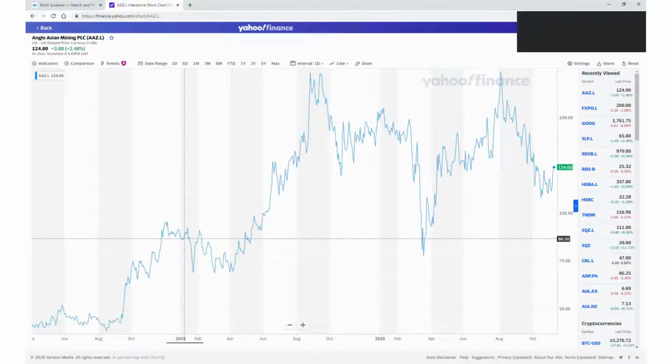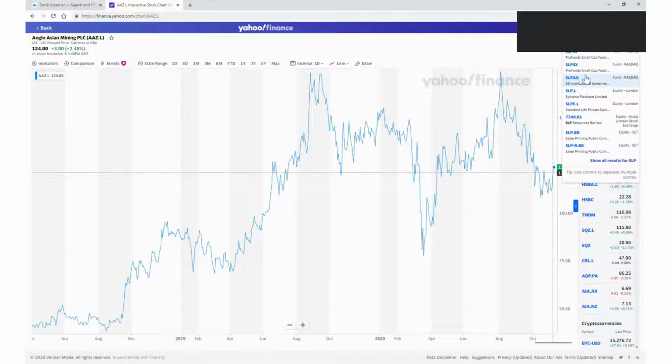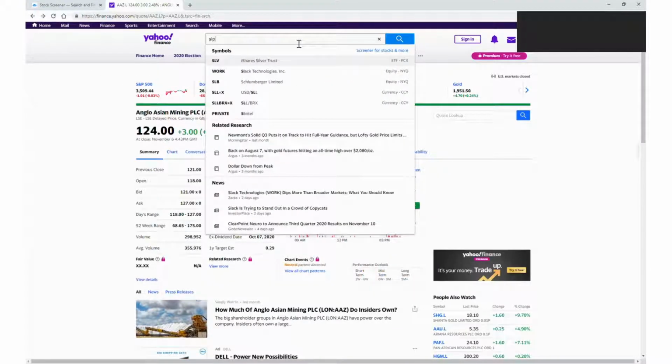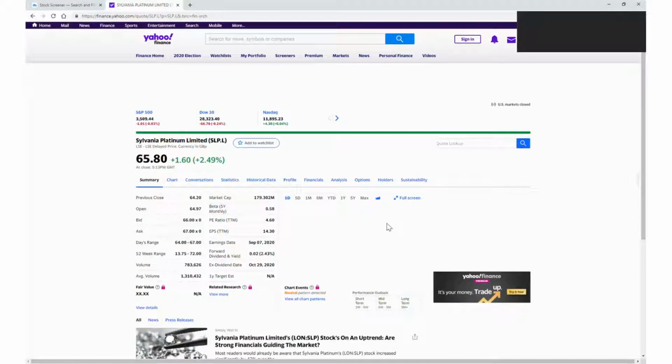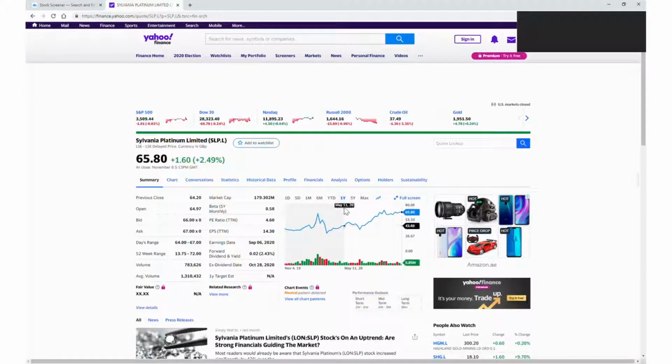And if we look at this stock in Yahoo Finance, again, if we look at the history over the 1 year, which we'll just select here. Yeah, we can see that from a low in March of 32, the share price has doubled.